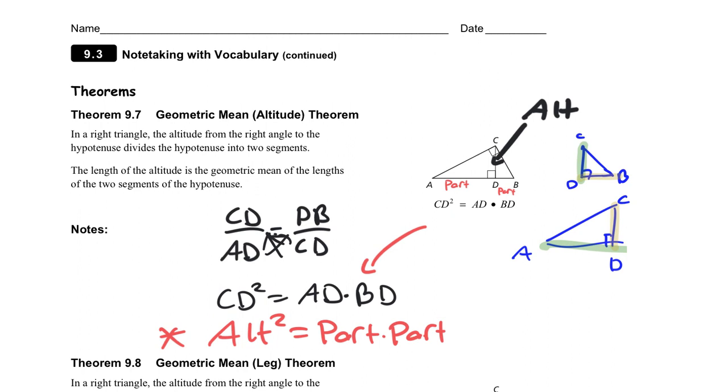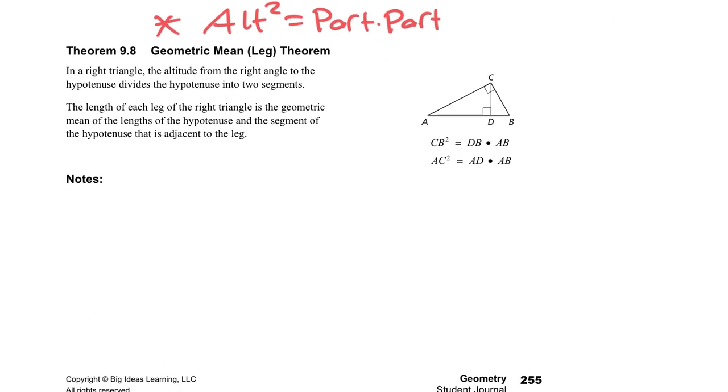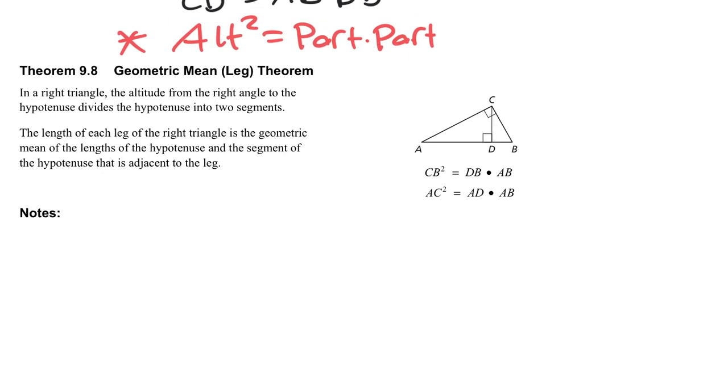Now, without going through this whole setting up the corresponding parts, we have the geometric mean leg theorem, which ignores, in a way, the altitude. And let's look at what it has here. It says that CB squared. So let's look at this whole larger triangle. We have our hypotenuse down here at the bottom. We have a leg, and we have another leg. So this is saying if I have a leg and I square it, it's equal to DB.